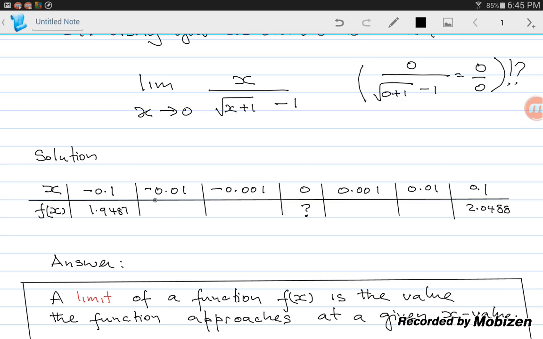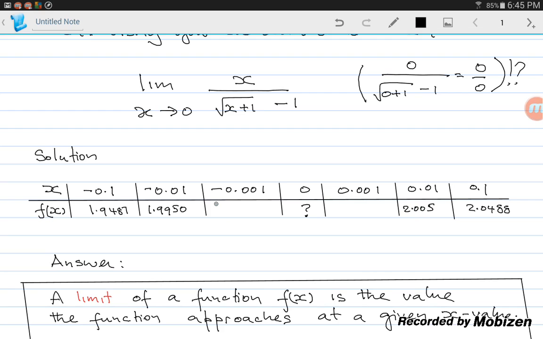So at x equal to minus 0.01, I get a value of 1.9950. At x equal to 0.01, we get 2.005.